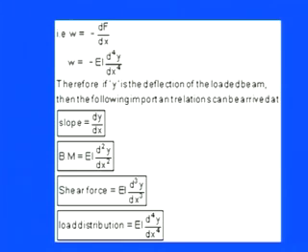Concluding, first of all the slope is equal to dy by dx. If a beam is under any kind of loading, we can easily get the slope by differentiating y with respect to x. Then the bending moment is equal to E into I, which is the flexural rigidity, into d2y by dx square.